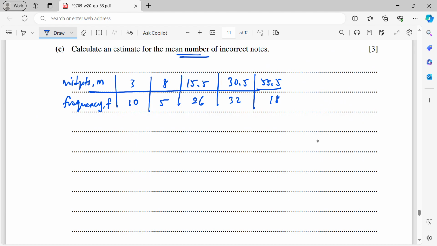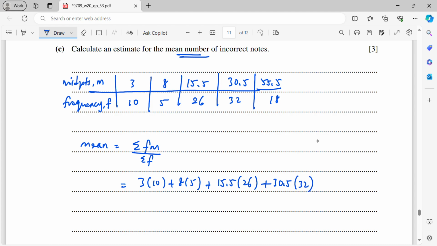So now my mean is summation Fm over summation f. That means you just multiply f and m. So it will be 3 times 10 plus 8 times 5 plus 15.5 times 26 plus 30.5 times 32 and then plus 55.5 multiplied with 18, then divided by the total f.